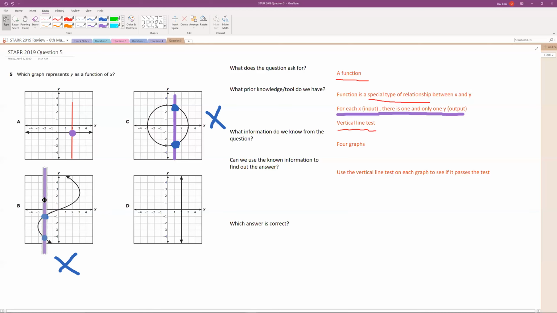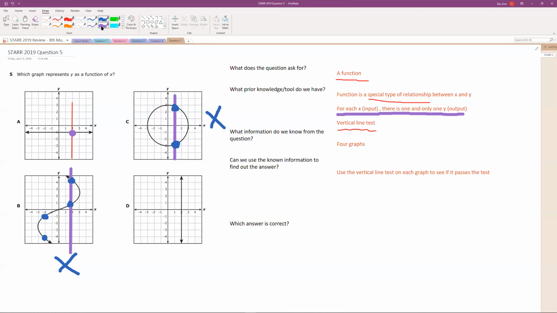On certain parts of the graph, say here, there's just one intersection, but to be a function, you have to meet the criteria in every part of the graph. If in certain parts there are two different intersections, then this graph cannot be a function.